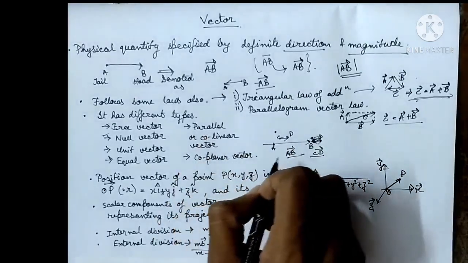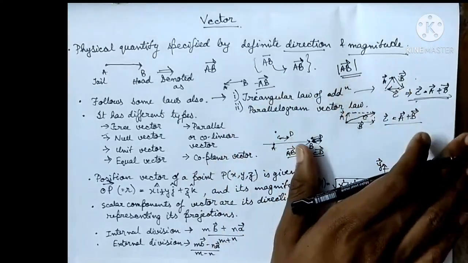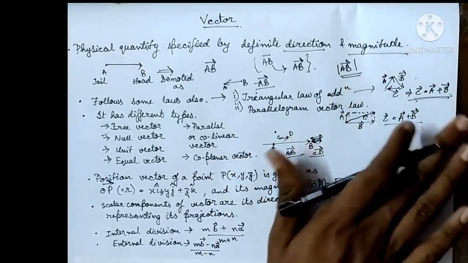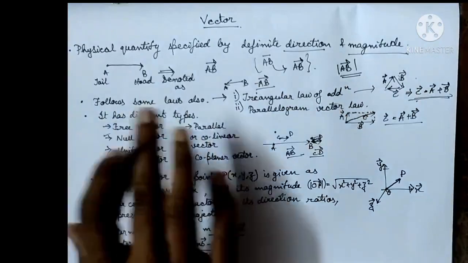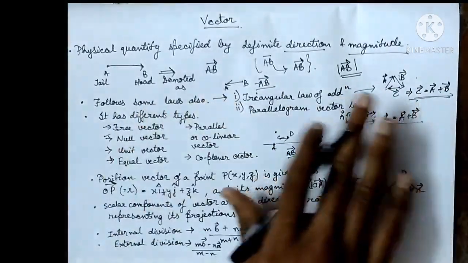And coplanar vectors are lying on the same plane. You can say that any vector I have drawn on this copy is coplanar because this copy is a plane.